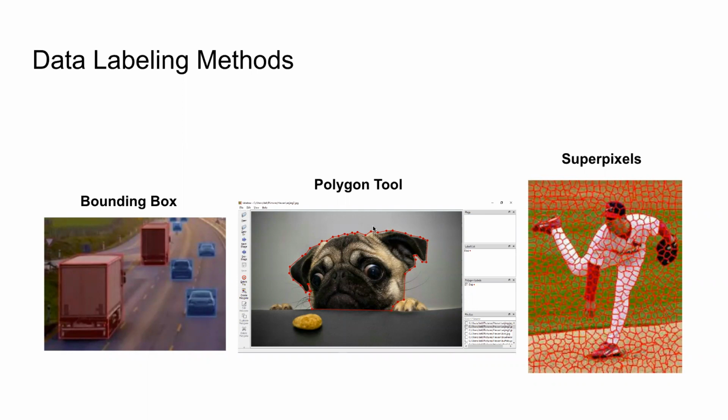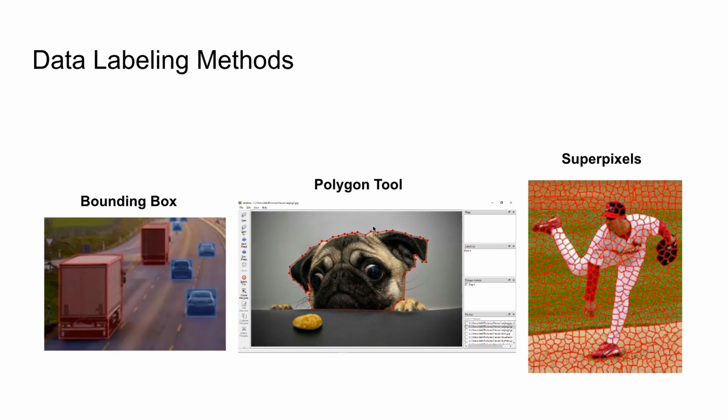For example, you can classify images by quality type, like product versus lifestyle images, or content, what's actually in the image itself, or you can segment an image at the pixel level. Other examples of data labeling methods are point, bounding box, polygon, cuboid, scribbles, and superpixels.